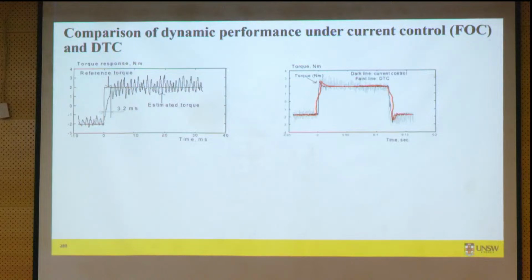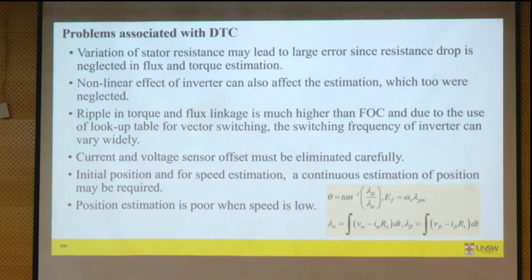Whereas in DTC, you can see a lot of ripple. The faint line is the DTC torque. So that means you will have high ripple in your torque, and you can hear that in your motor. It will start making noise. So that's one problem, the torque ripple.